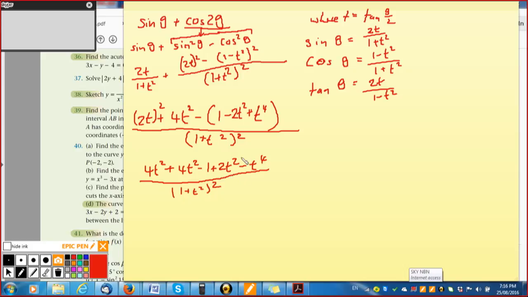Are you okay with what I'm doing? Are you following? Yep. All right. So now in this situation you've got 4 plus 4 plus 2, which is 10t squared. You've got minus t to the power of 4, and you've got minus 1, all over 1 plus t squared all squared. Got it?